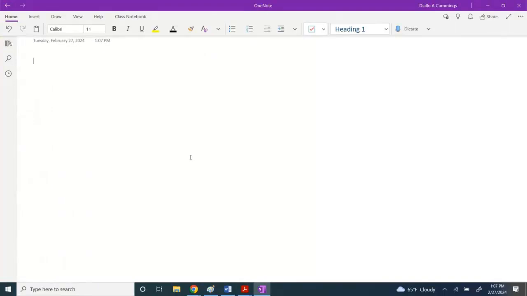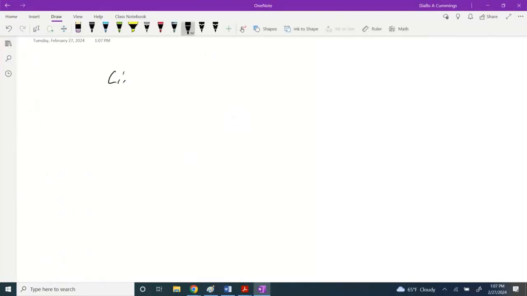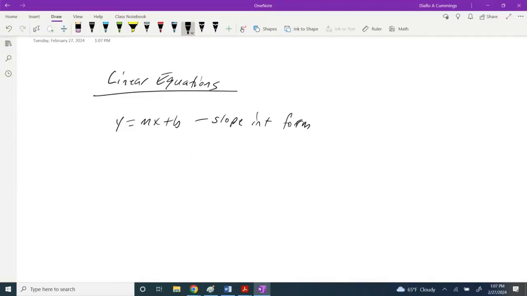As far as linear equations, they're mainly written in the form y is equal to mx plus b, and this is what's called slope-intercept form. Now, we don't so much deal with the slope-intercept form in this course. We don't graph, we don't find intercepts or anything to that extent, at least for linear equations.